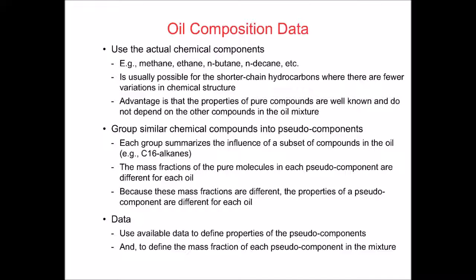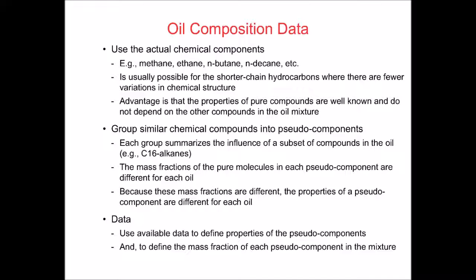But once we get past the first 20 or so molecules, as you go down the length of the molecule, then they start to have lots of variants of how these molecules can look, and it becomes almost impossible to have an exhaustive list of every molecule present in the mixture.